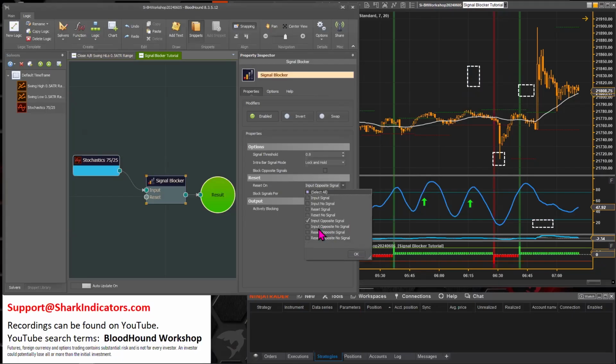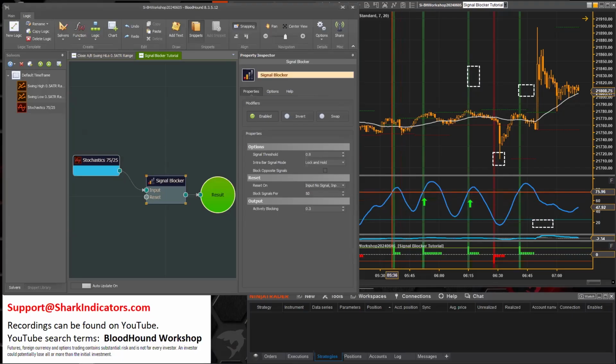And we can see again, every possible combination is included on this reset list. So let me go back to the no signal, input no signal. Bingo, there we go. There's our 3 long signals again. Well, we even have the opposite of this no signal.